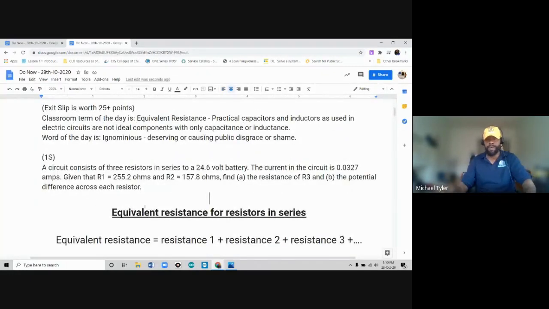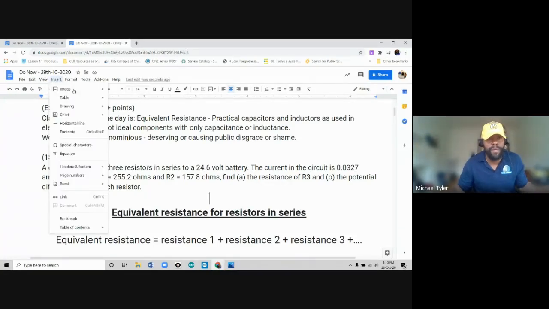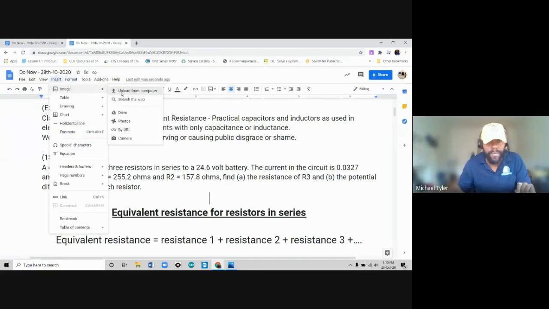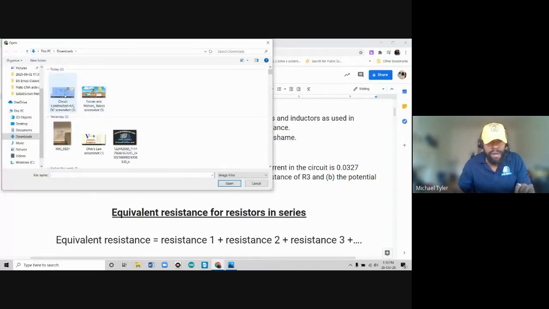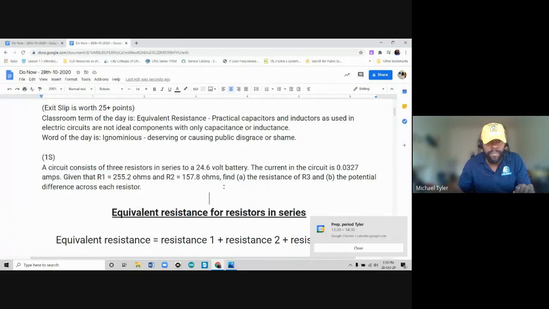So come right before these notes, and then hit insert. Insert image, and then we're going to upload from computer. And there it is, the picture. Okay, so put that there.